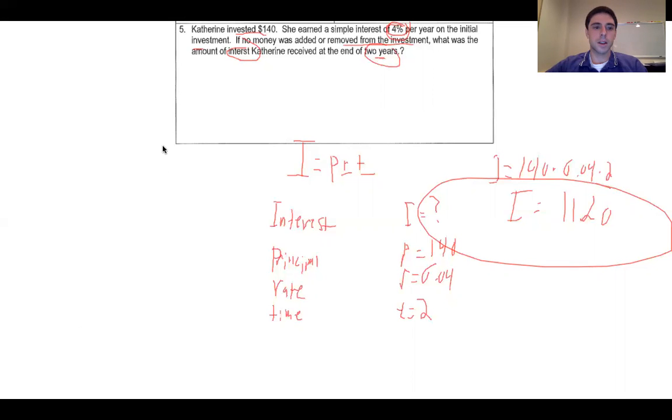Yes, one person has it now. So our answer is going to be she makes $11.20 over the course of 2 years on her initial amount. Right. Excellent. She earns $11.20 over the course of 2 years on her account. Awesome. Great.